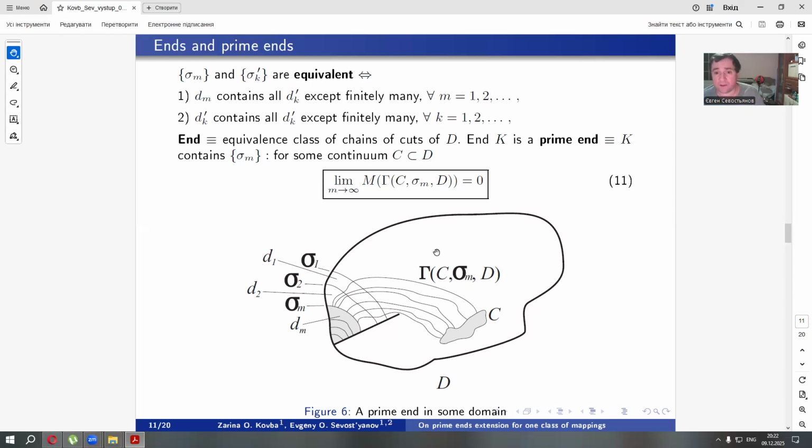So we define the family of paths gamma C sigma m D. If the modulus of families of paths, which is defined above, tends to 0 as m tends to infinity, then K is a prime end.